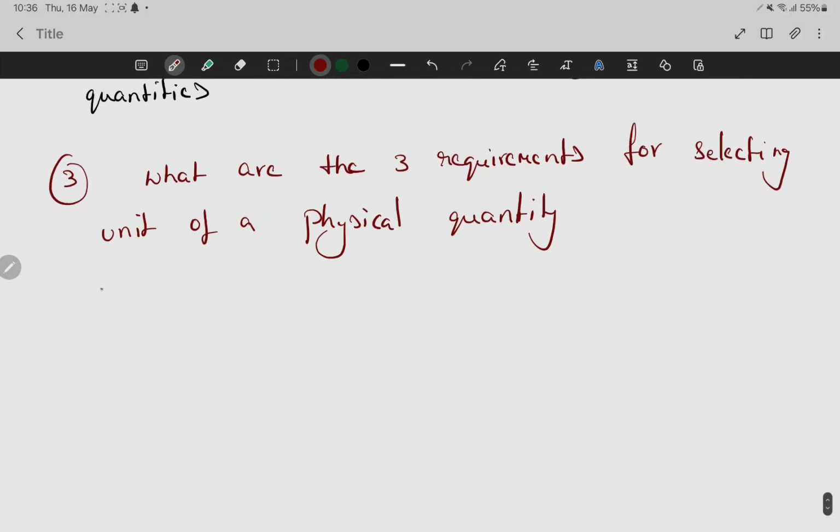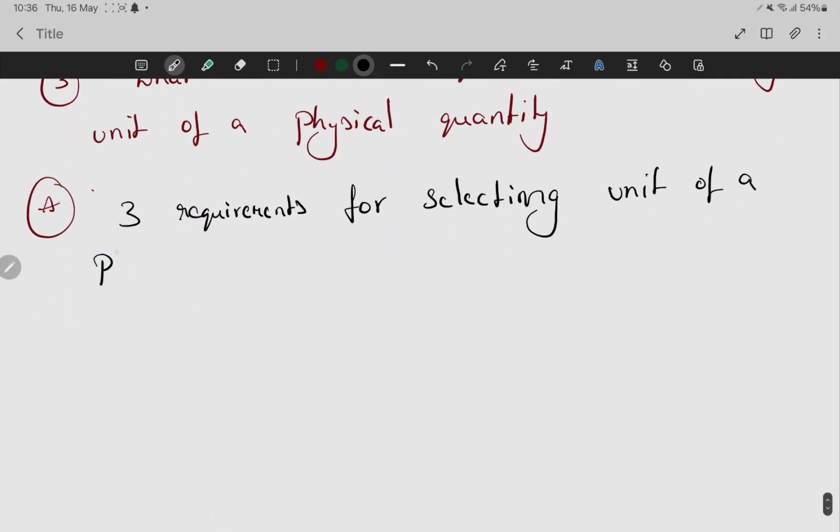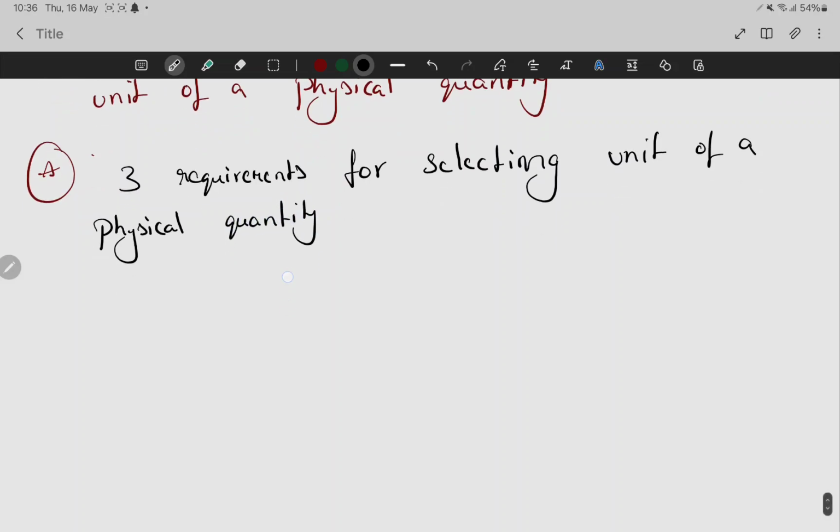The requirements are: it should be reproducible.